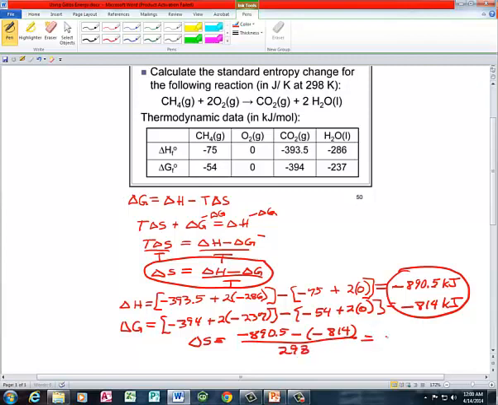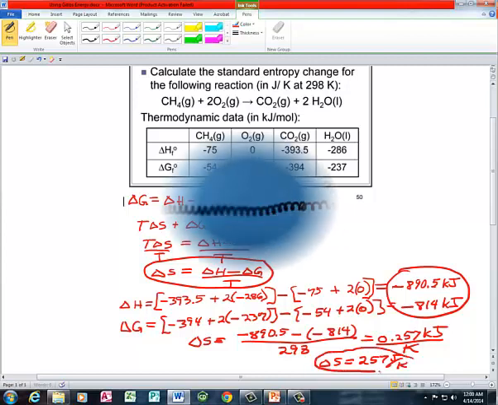And when I get that result, I get 0.257 kilojoules per Kelvin. Since we normally report delta S in joules per Kelvin, I'll convert that to 257 joules per Kelvin, and that is my solution.